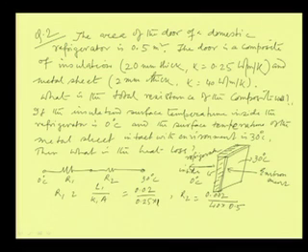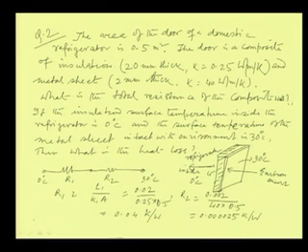So, we can find out R1 as 0.04 Kelvin per watt, and R2 as 0.000025 per watt.